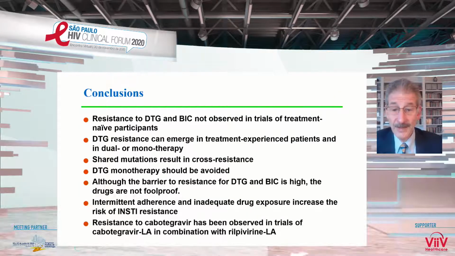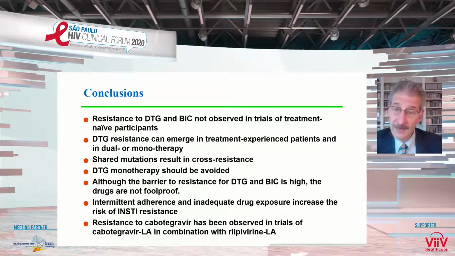So in conclusion, resistance to dolutegravir and bictegravir has not been observed in trials of treatment-naive participants when triple drug regimens have been used. Dolutegravir resistance can emerge in treatment-experienced patients and in dual or monotherapy.